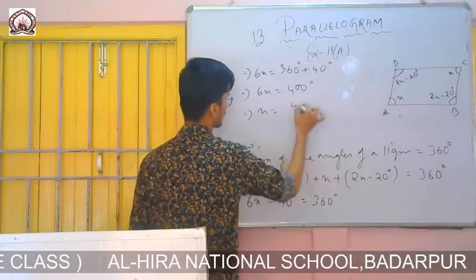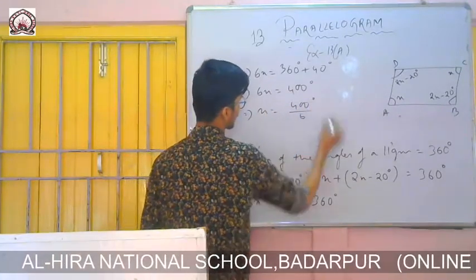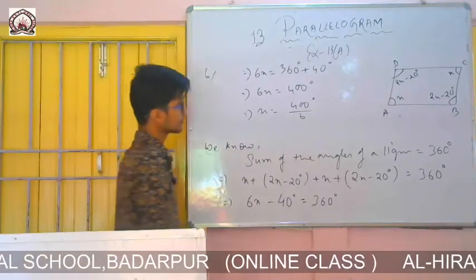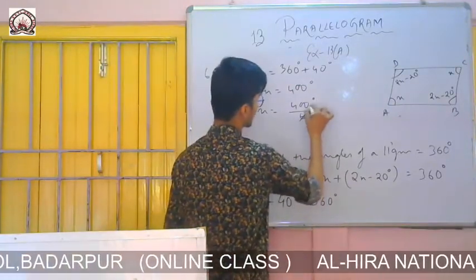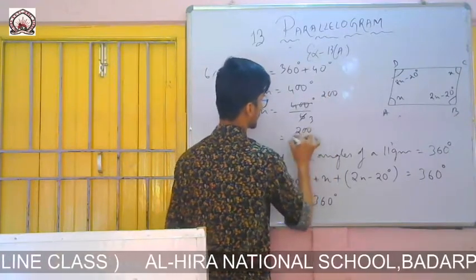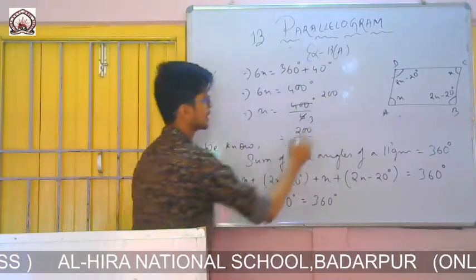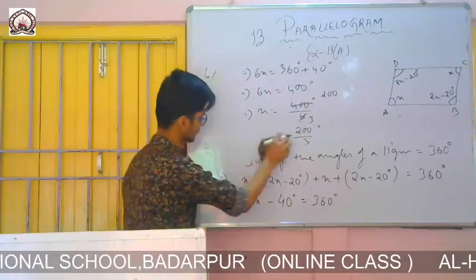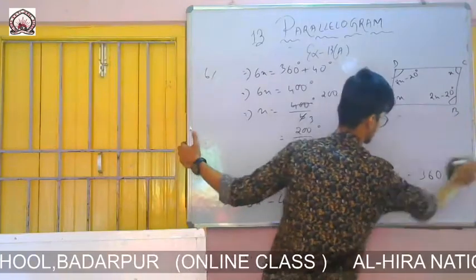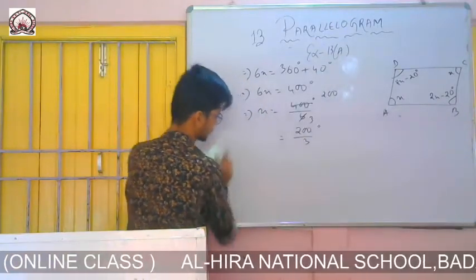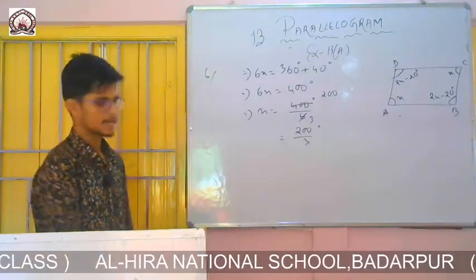x equals 400 by 6. 2 3s are 200. That means 200 by 3 degree.